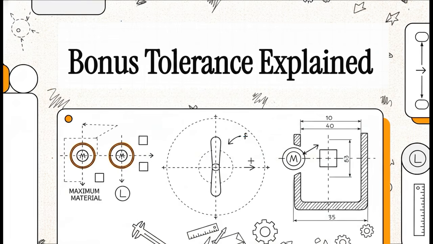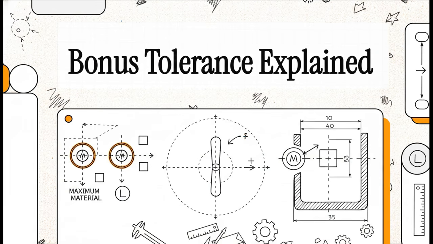Welcome to this explainer. Today, we are covering Lesson 9, Material Condition Modifiers and Bonus Tolerance. And right off the bat, we are going to look into a claim that, honestly, to anyone who's ever worked on a shop floor, sounds absolutely impossible. We're going to see how a manufactured part's position tolerance can legally grow bigger, meaning you get way more room for error as the physical feature itself is manufactured smaller, or vice versa.